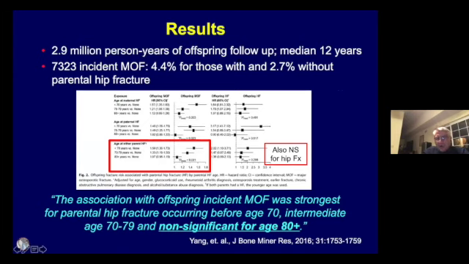And the punchlines are here in the red boxes. If the parent hip fracture was at age 80 or over, there was no effect on offspring MOF, and also no significant effect on offspring hip fracture.